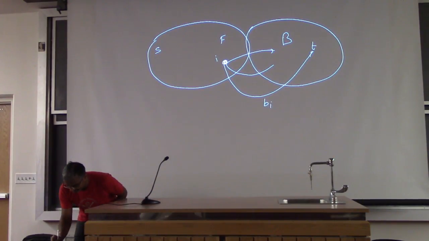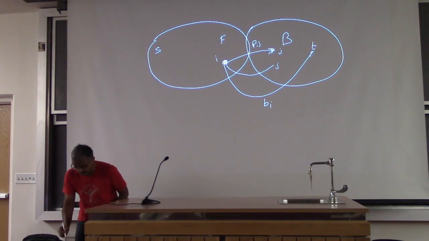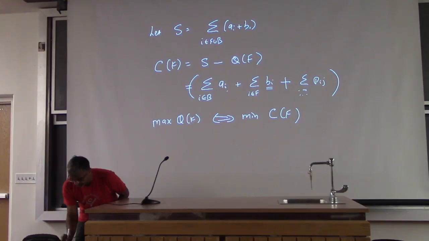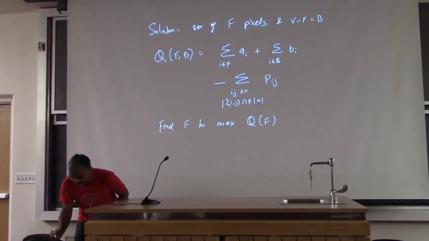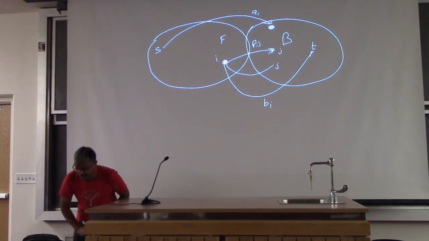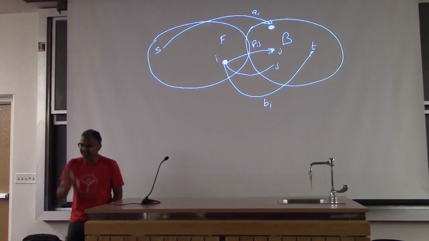And for every other edge, I'm going to label it with a PIG. I haven't put directions yet. Similarly, for every vertex in the background, its contribution is an AI. And so once again, I will have an edge from this, which looks like an AI, and again you'll have other edges coming. So this is the intuition.